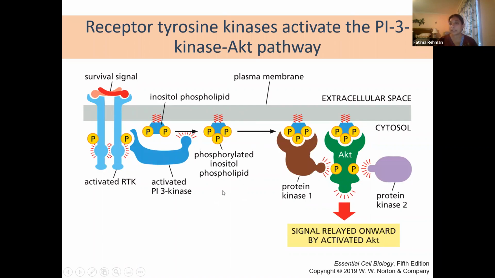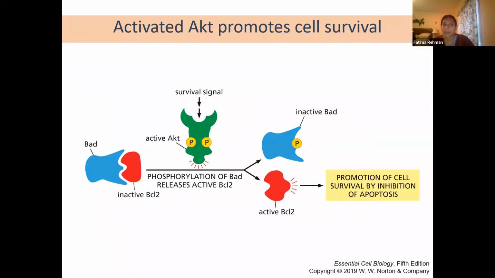These phosphorylated inositol phospholipids are then going to bind other protein kinases and activate those, leading to activation of the Akt pathway, which then leads to activation of survival signals downstream of it. Again, there are going to be several steps in that pathway further on as well.